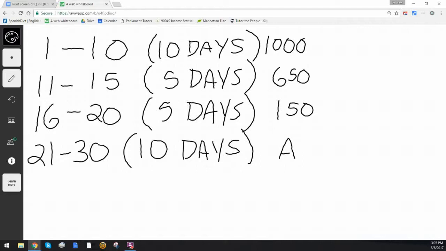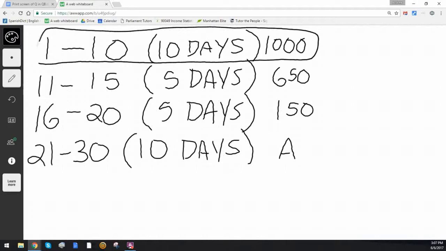Okay, so basically, the first 10 days of the month, before any of the transactions, there was $1,000 each day in the account. And then from the 11th to the 15th, because there was a withdrawal of $350 on the 11th, it means from the 11th to the 15th inclusive, there was $650.